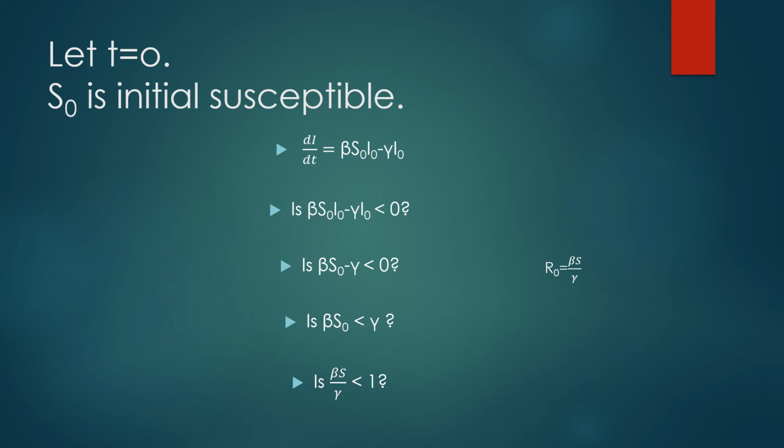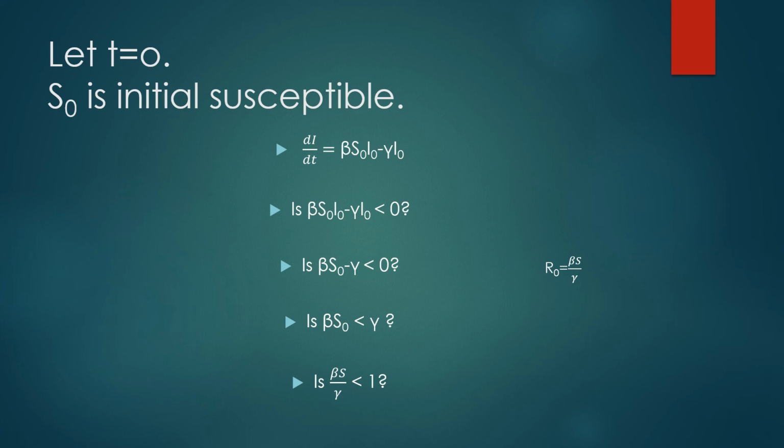So if you write out beta S0 I0 minus gamma I0 is less than 0, then we know that I0 must be 1, because at the beginning the initial people infected will always be 1. You cannot have 0 infected, otherwise there will be no virus, and it usually stems from 1 or 2 people.